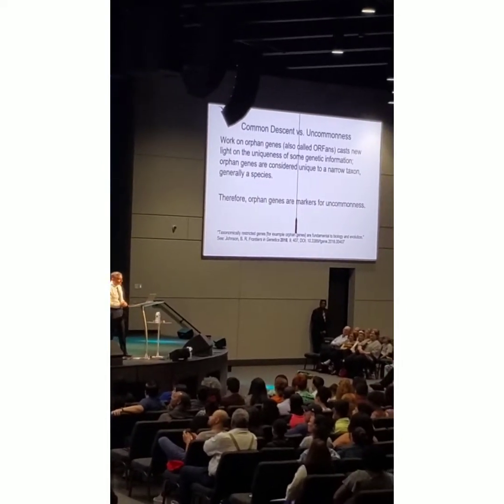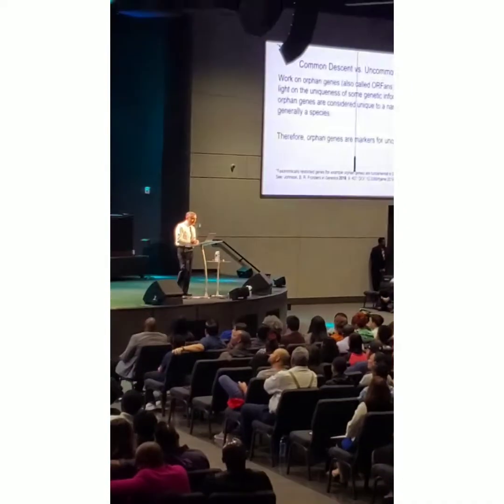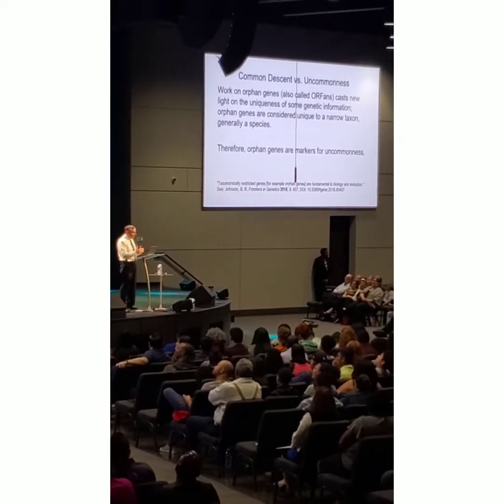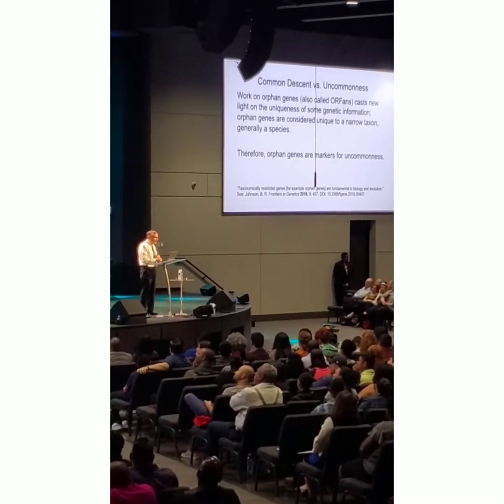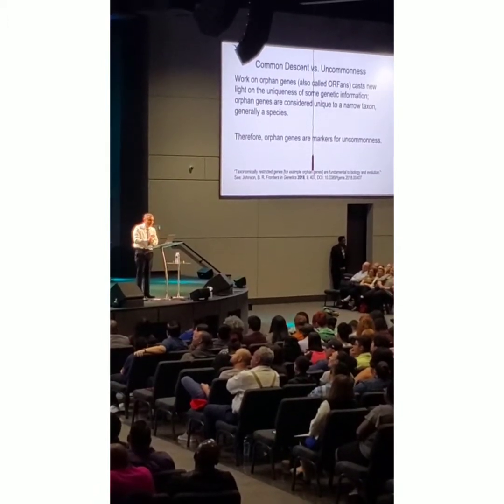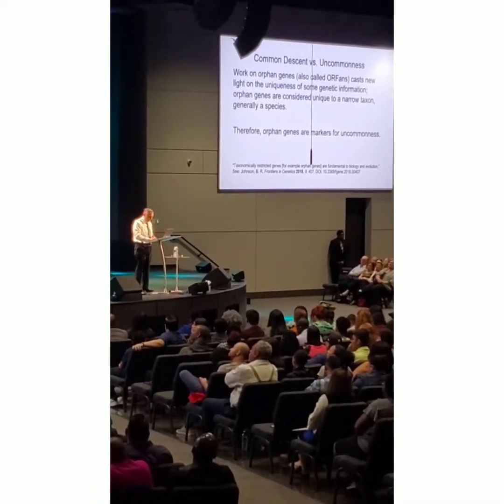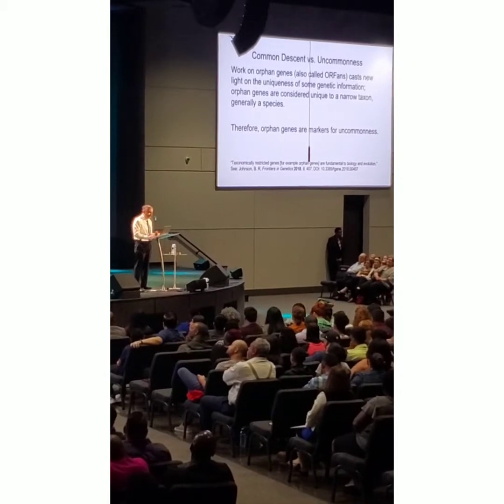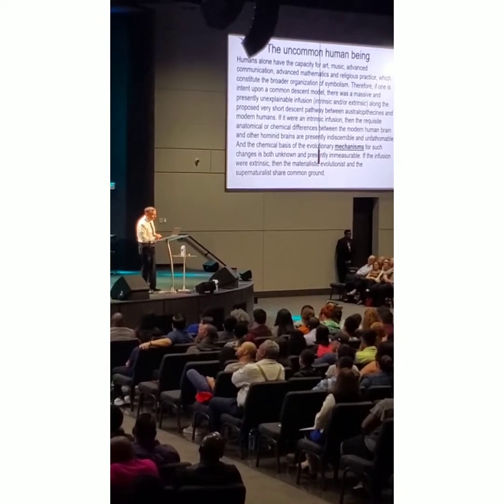Common descent versus uncommon. There's work on orphan genes, which cast new light on the uniqueness of some genetic information. These are unique to a narrow taxon, usually just a certain species. These are markers for uncommonness. Okay, let's look at the uncommon human being.